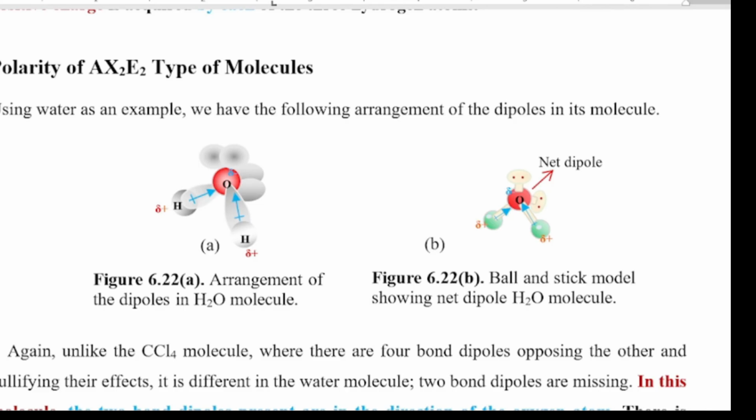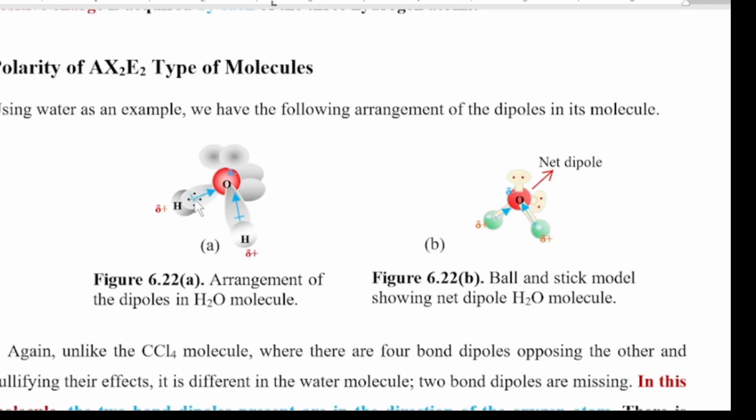Polarity of AX2E2 type of molecules. We'll use the water molecule to exemplify that. So here we're now having water molecule. Here the central atom, of course, is oxygen. Oxygen is more electronegative than hydrogen. And we can say that it's pulling electron towards itself from the hydrogen atoms here. So as a result of that, these two ends are left with small positive charges. And because the electron is shifting towards the oxygen here, that end of the oxygen will acquire small negative charge.